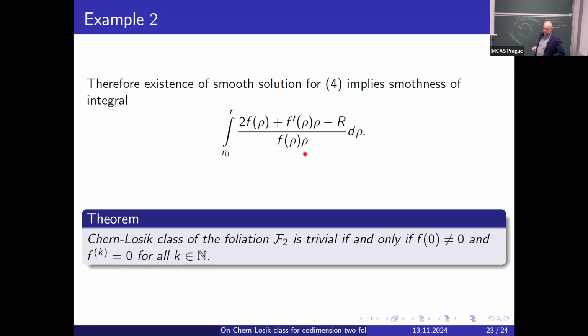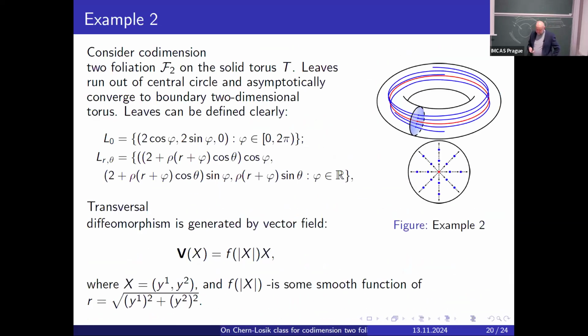So this is equivalent to smoothness of this integral. So what we see is that this foliation gives an example of a foliation with non-trivial first Chern-Losik class.